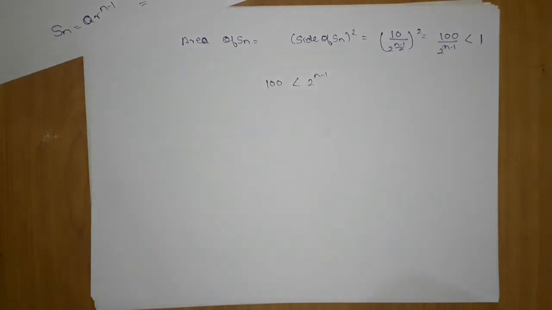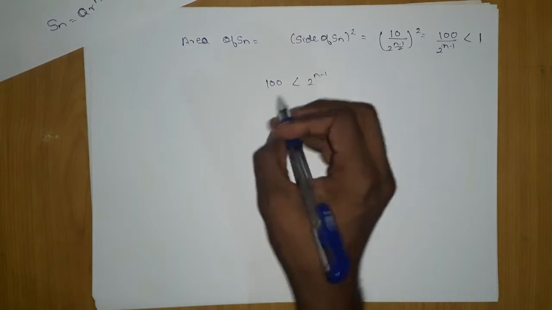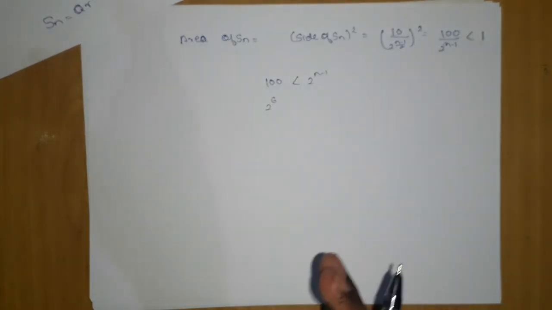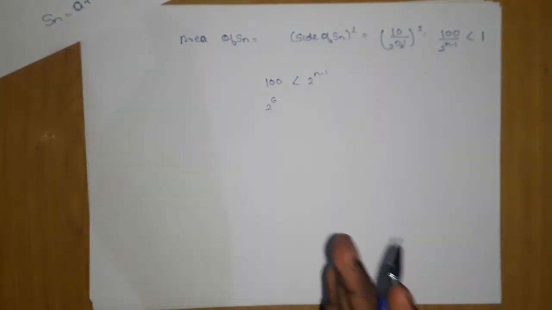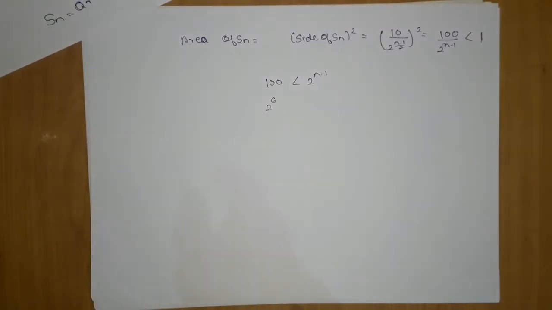Now just observe the lowest possible value for which it can be true that 2 power n minus 1 is greater than 100. This can become the possible value 2 power 6. 2 power 100 is not possible, there is no power of 2 that gives exactly 100, so 2 power 6 is the closest possible number.